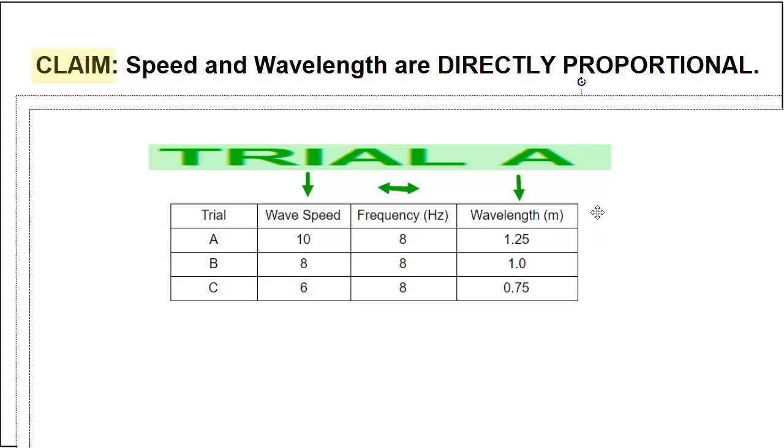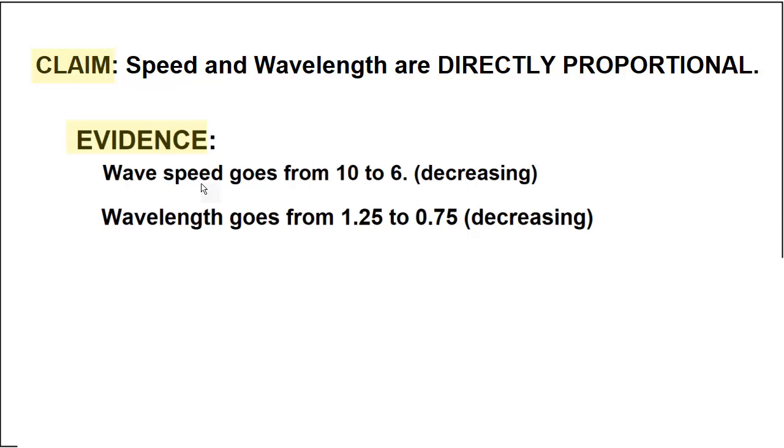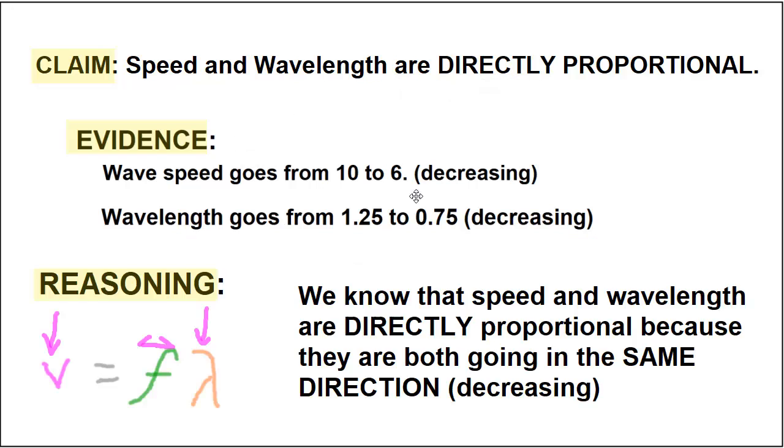Now let's look at our entire answer put together. What was the evidence? Well, the evidence was speed went from 10 to 6, it's decreasing. Wavelength went from 1.25 to 0.75, it's decreasing. So how do we know that it's directly proportional? The reason we know is that speed and wavelength are directly proportional because they're both going in the same direction. And here's our arrow math to back it up. So here's our entire claim, evidence, and reasoning.